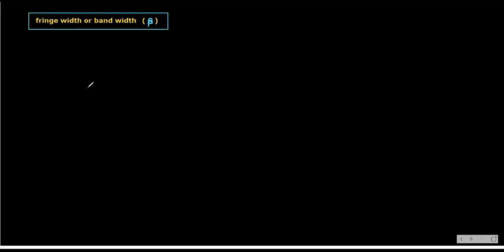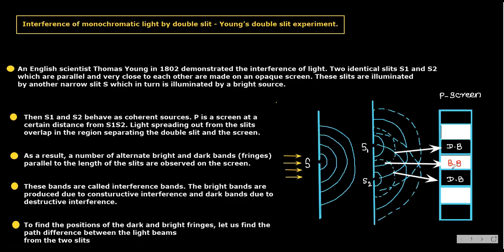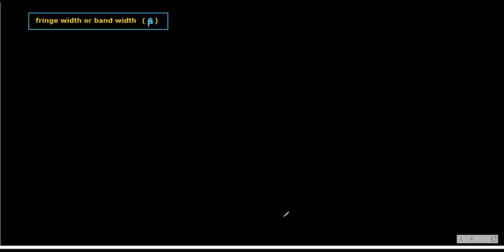Can I write it like this? It is the distance between two consecutive bright or dark fringes. Yes or not? I will show the diagram. See here. Distance between these two, if I find out, I will get this fringe width, either bright or dark. Fringe width will be the same for both the spots.